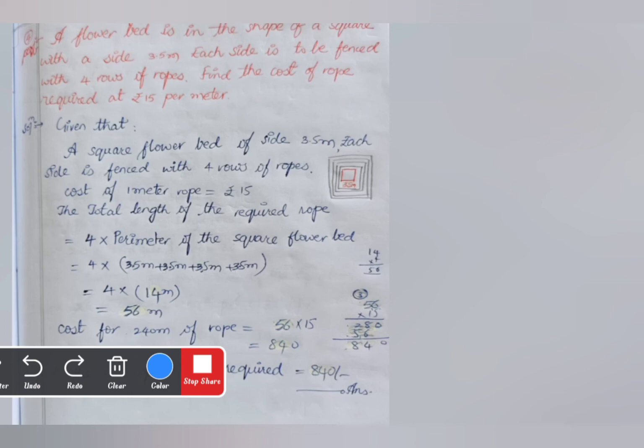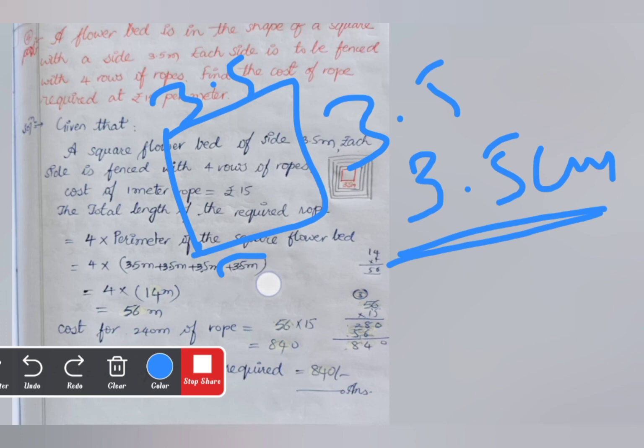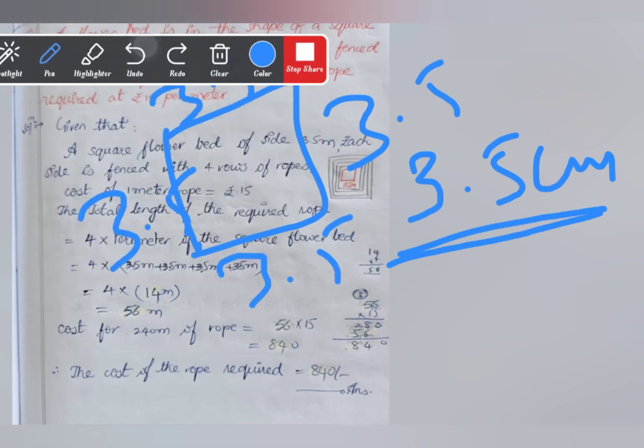So here each side is of 3.5 centimeter. So 3.5 centimeter, 3.5, 3.5, 3.5. Can you tell me the perimeter? It is a square in which all sides are equal. Each side is 3.5 centimeter.